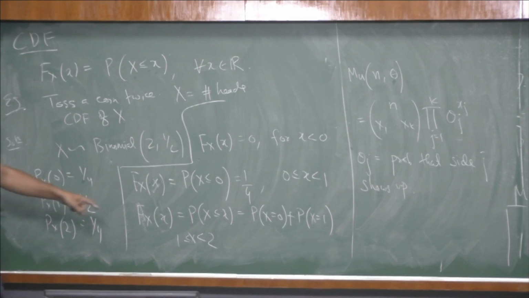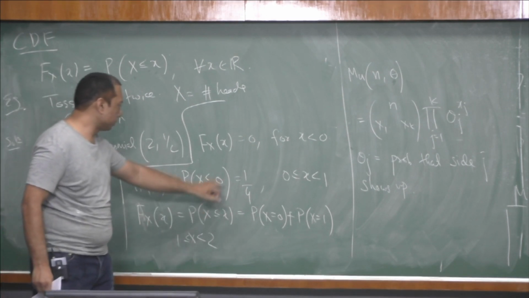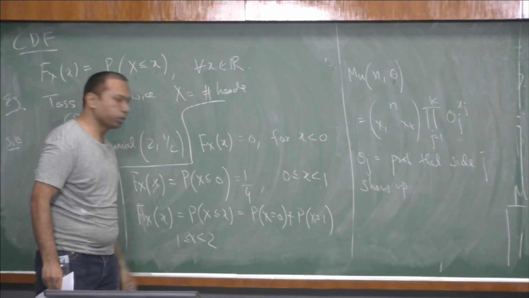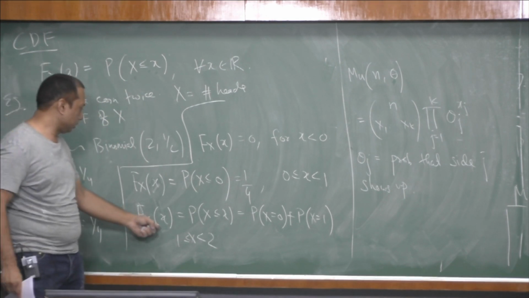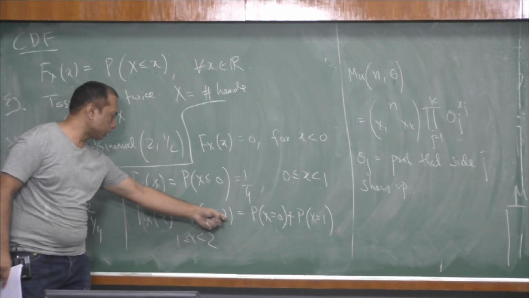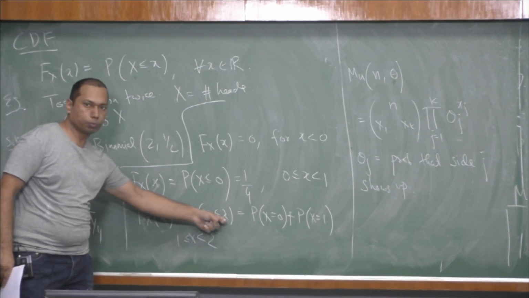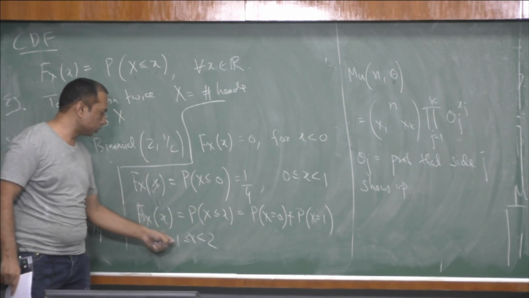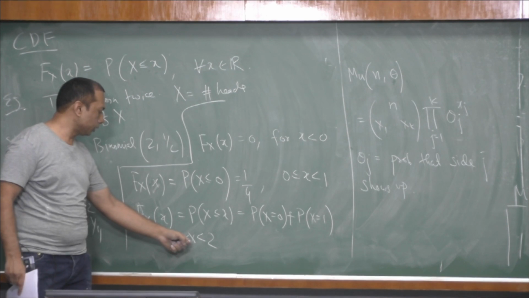It does include the 0 case, because this is always about everything until that. So essentially it means until 2, all possible values. So 0 is included, 1 is included.